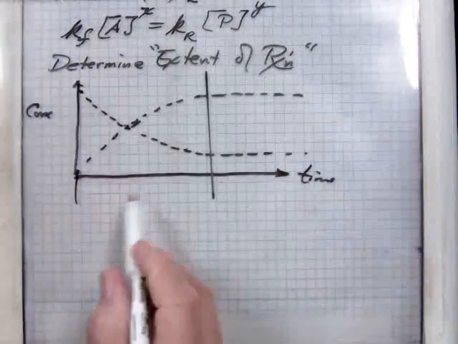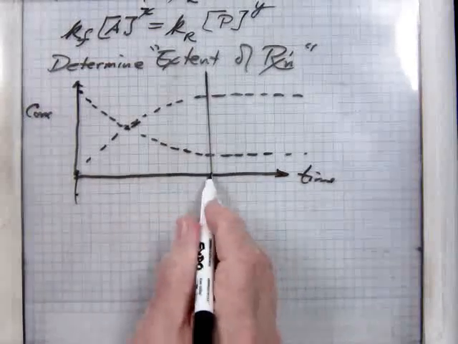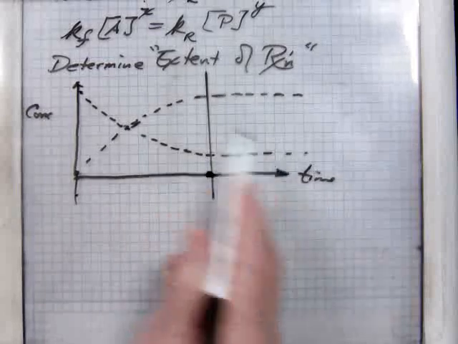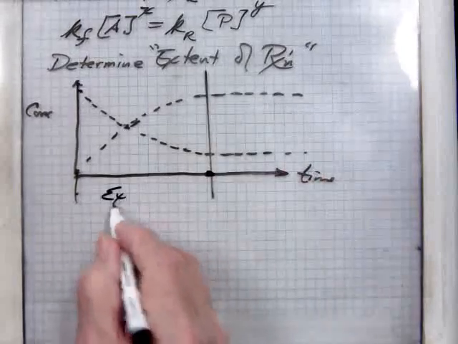So the distance between the starting point and the point at which the reaction enters the equilibrium region is essentially the extent of reaction.